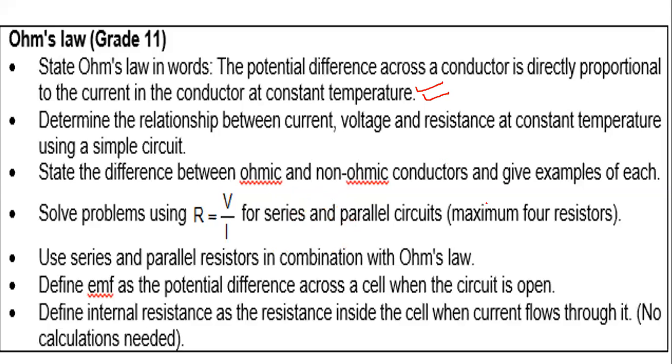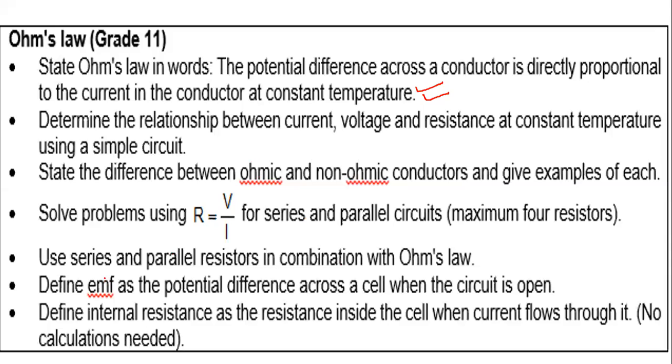Again, we must be able to use series and parallel resistors in combination with Ohm's law. So basically, we must understand how adding resistors in series or adding them in parallel affects the total resistance of the circuit, and how it affects the total current of the circuit. For example, if the EMF is kept constant.